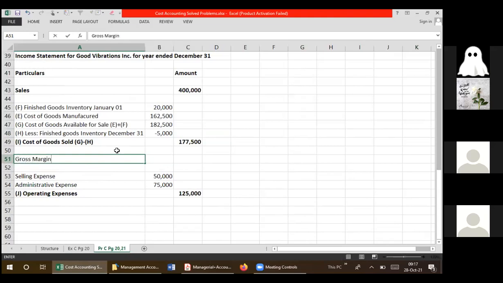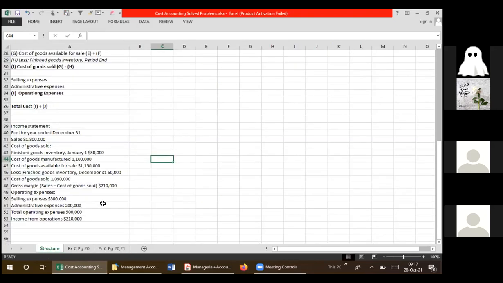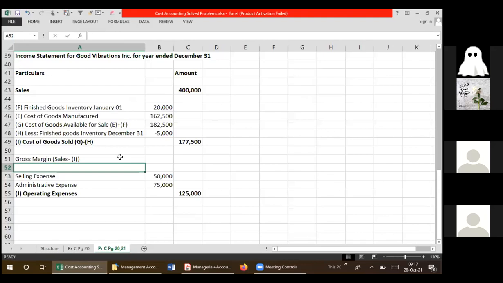Gross margin. Gross margin is sales minus point I. Okay, so sales minus cost of goods sold. So 400,000 minus 177,500.